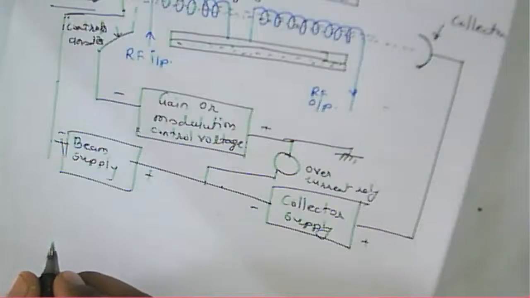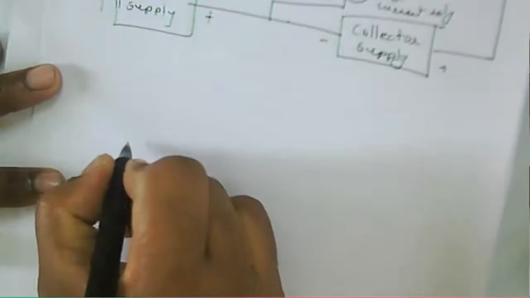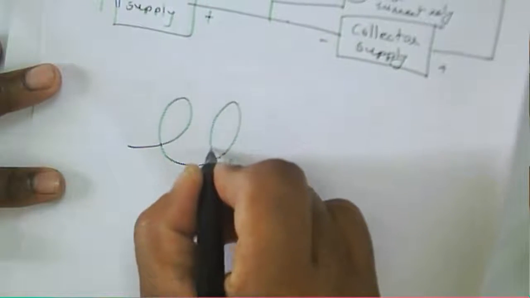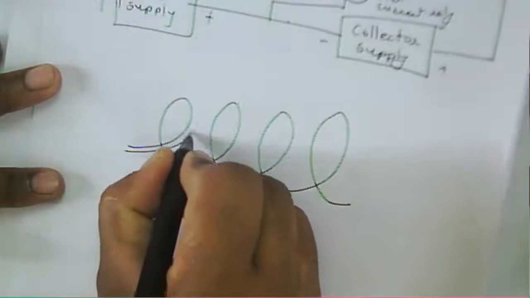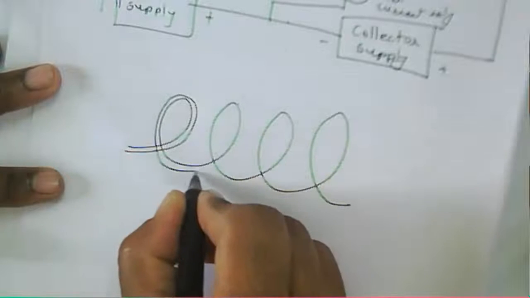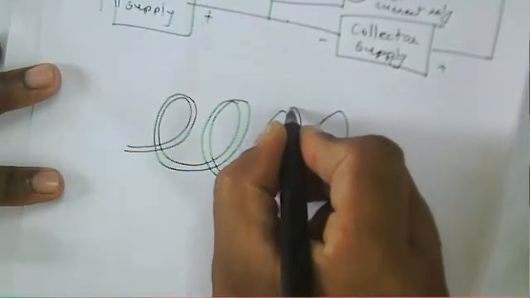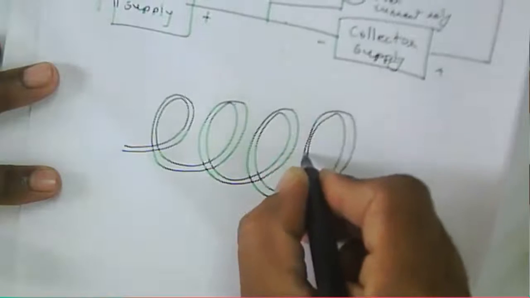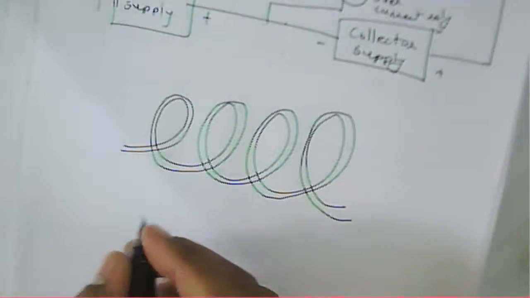We have a helix here. Generally we can consider a helix structure likewise. This is your helix tube.